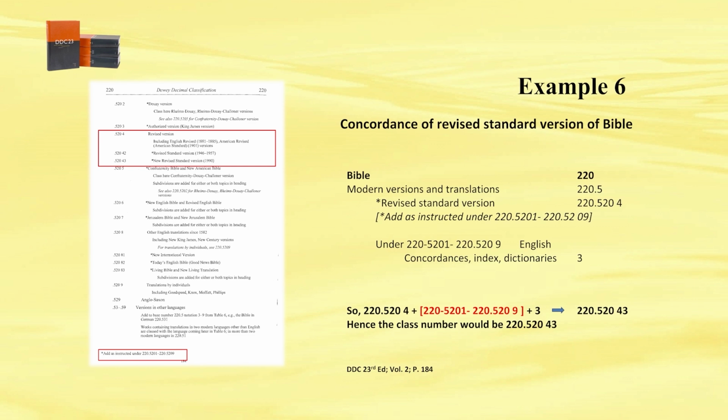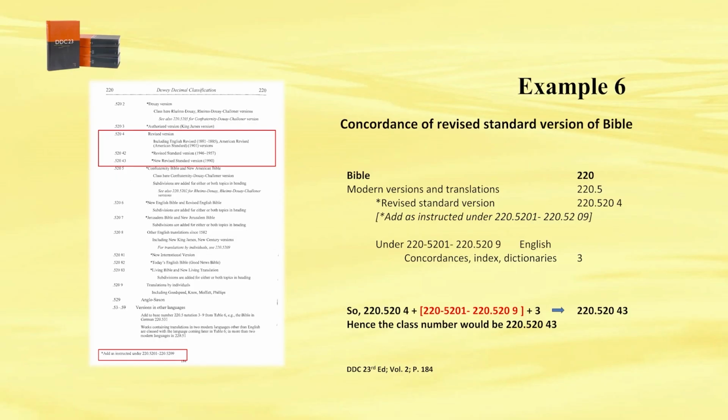As the entire 220 to 280 has been dedicated for Christianity and its subdivisions, we should get the number for the Revised Standard Version of Bible. A direct number should be there, and then we have to find the number for concordance.